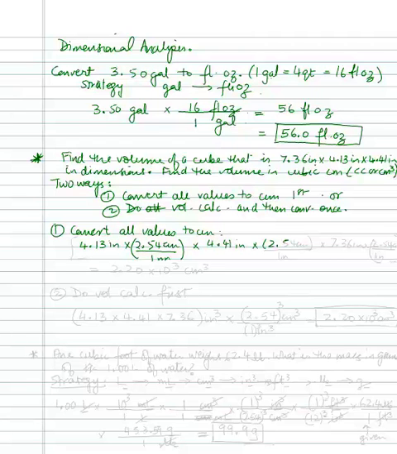So 2.54 centimeters over 1 inch. And then the third conversion, which is 7.36 inches, and it times 2.54 centimeters over 1 inch.